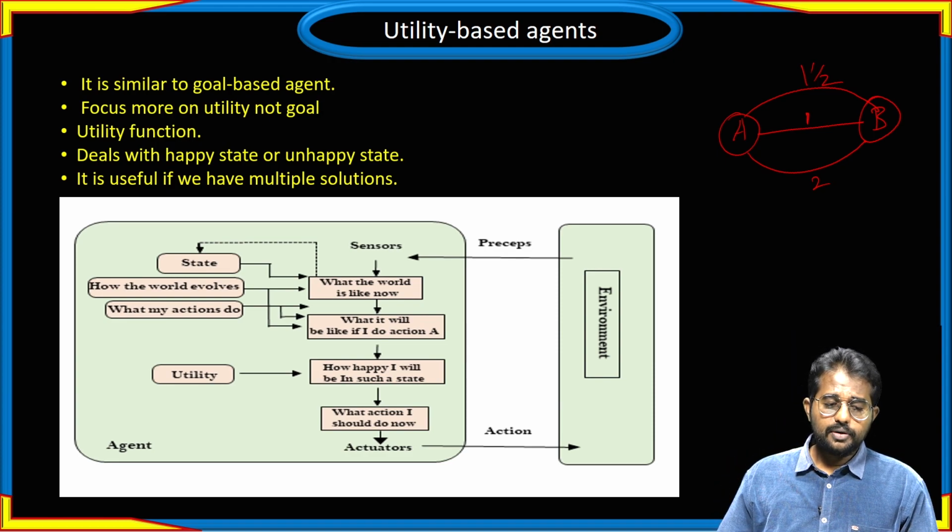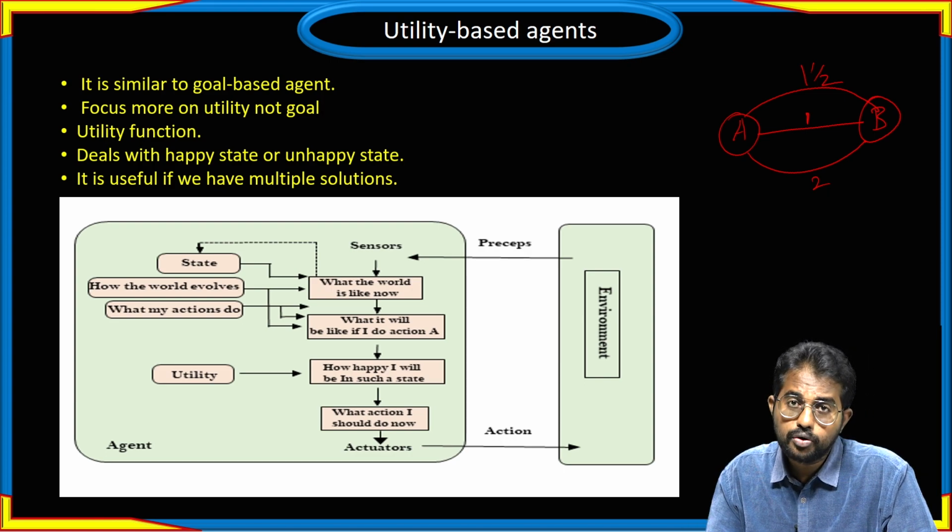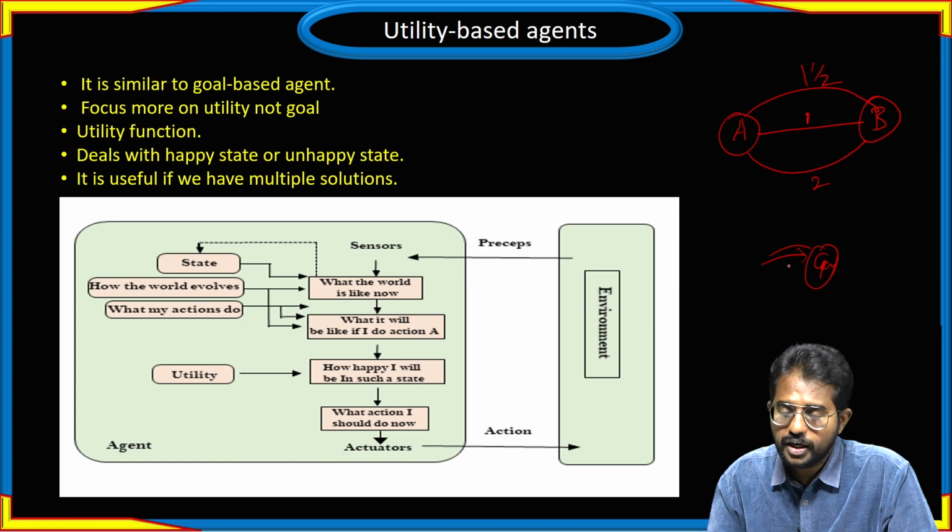So based on this, first this agent will try to go nearer to the goal node, and also my state should be a happy state. That is, by taking this route, the agent or the user should be happy.